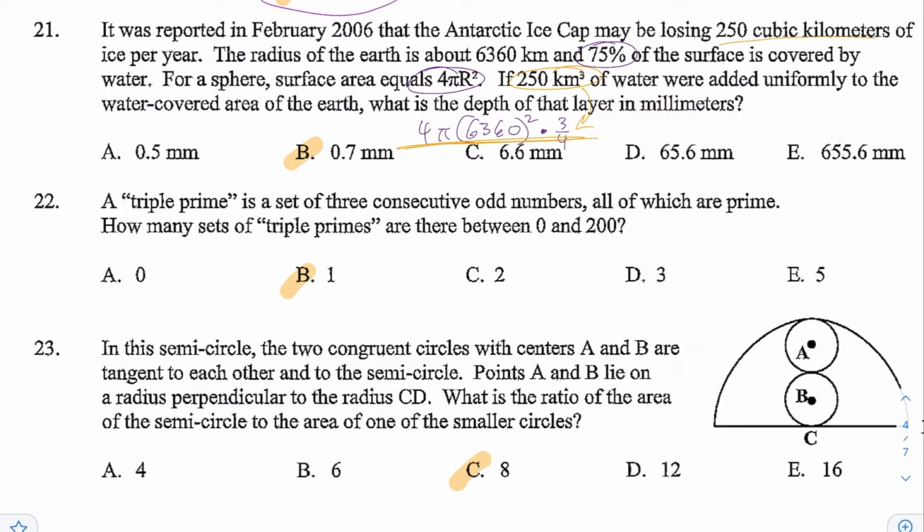All right, so you'll have to do 4 times pi times 6360 squared, and then multiply by 0.75. And then on the calculator, this would be approximately equal to 381,228,498.60193. You have to take 250 divided by that number.